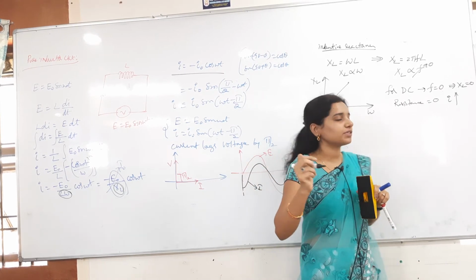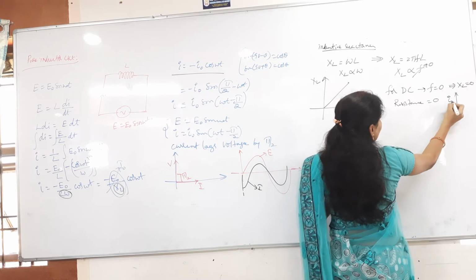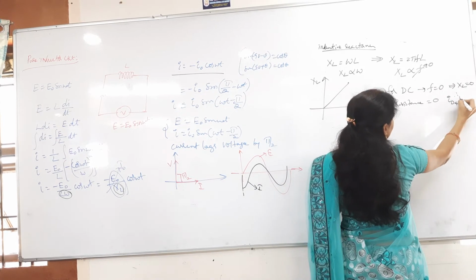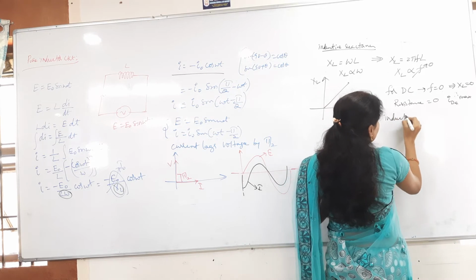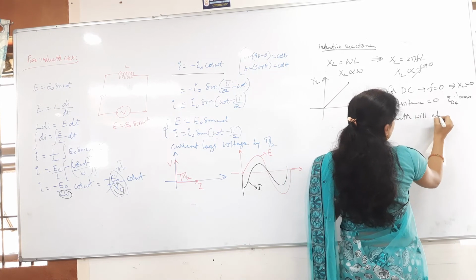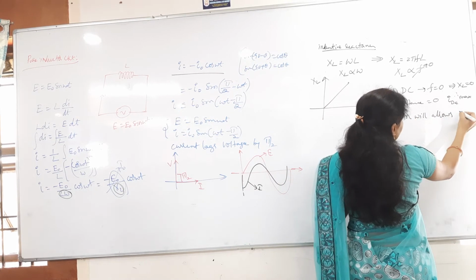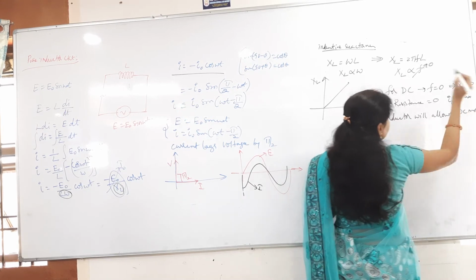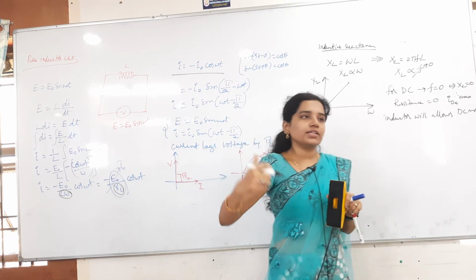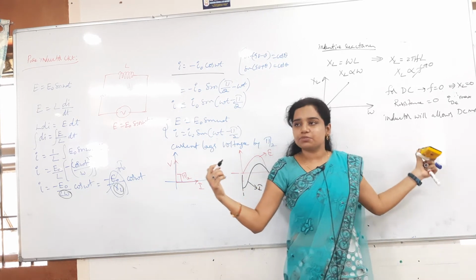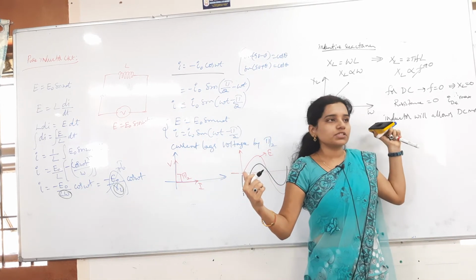AC current is maximum. So here IDC is maximum. So the inductor allows DC more. Clear? That is the AC pass filter; this is the DC pass filter, passing the DC only.